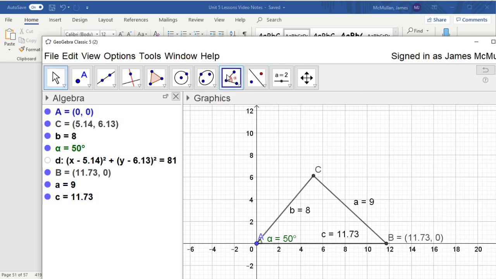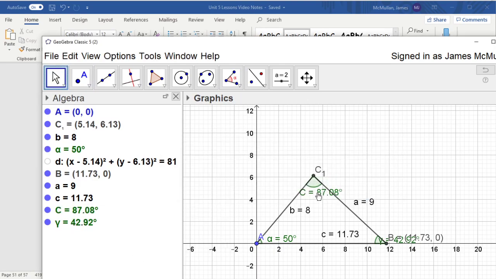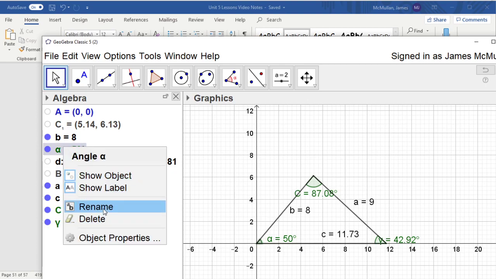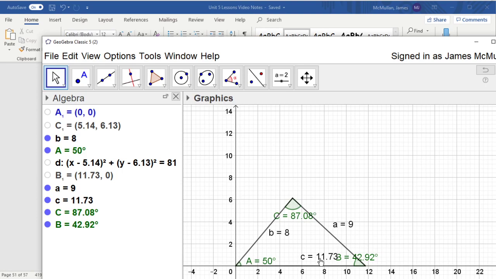Then let's get all the angles to show. I'm going to rename those angles quickly. Let's rename angle beta to angle C. Actually, we can hide the points. And angle alpha, we're going to rename to A, and angle gamma to B. Okay, so here's what you got.